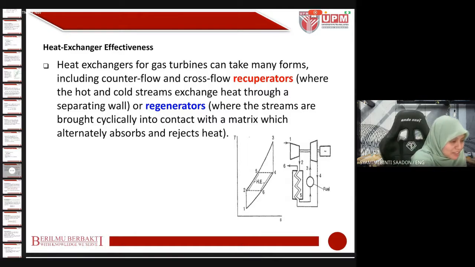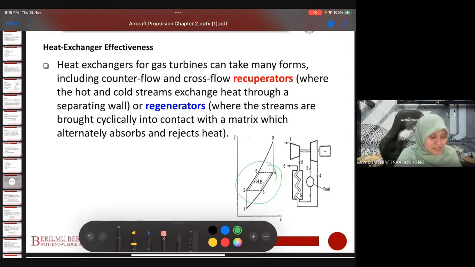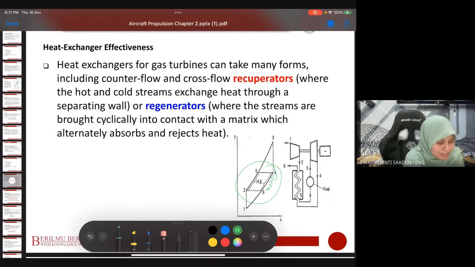This is the ideal case of a simple gas turbine with a heat exchanger, a regenerator. We use the hot feed from the hot side to preheat the air, the working fluid, after exiting the compressor.